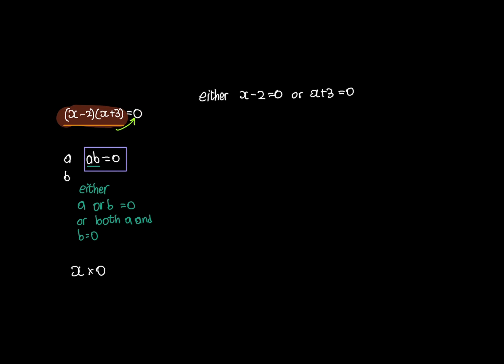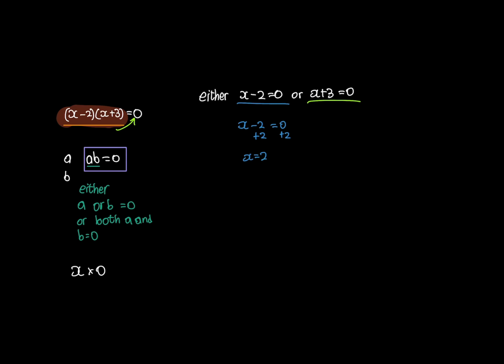You take both of these equations, x minus 2 equals 0 and x plus 3 equals 0, and then you just solve for x. For the stuff underlined in blue, you'll get x minus 2 equals 0, and then add 2 to both sides. Then you'll get x equals 2.